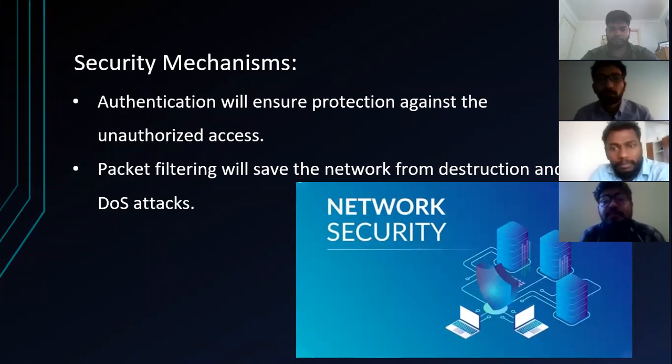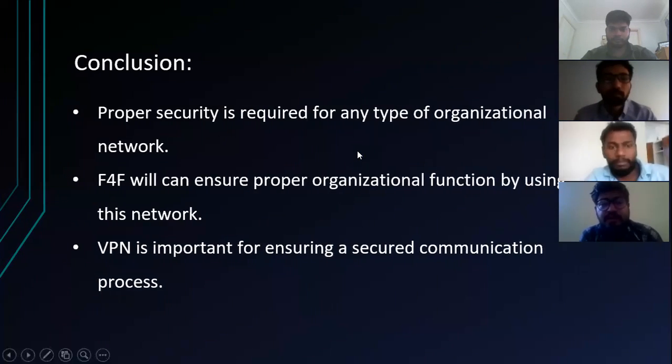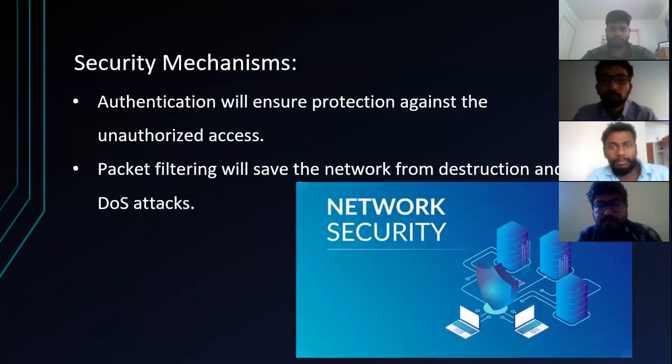Authentication is another important part that is needed for the network. Without authentication, we cannot identify the exact user and the organization using access to the network. Packet filtering will save the network from disruption and DoS attacks.